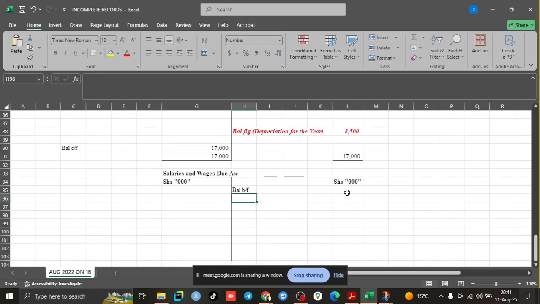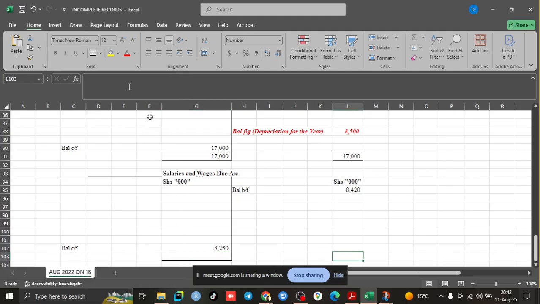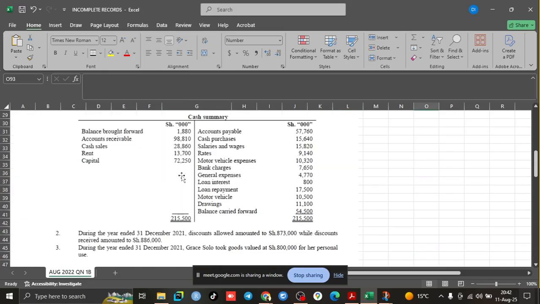So 8420. Carry forward is 8250. Then kwa the cash summary, we have a payment ya salaries. Kwa cash summary, salaries and wages on the credit side on this side, so tutaiweka on the debit side because huko iko on the credit.